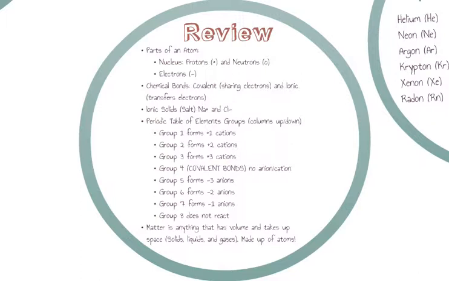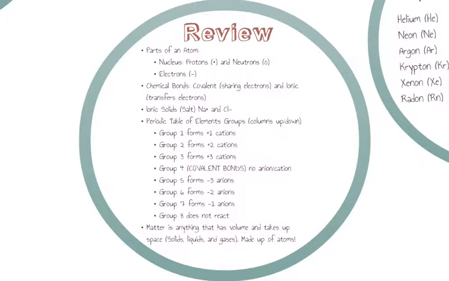Then we discussed the periodic table of elements. And the groups, remember, are the columns, which are up and down. And the group number can tell you the number of electrons in the valence shell. Group 1 elements form a +1 cation. Group 2 forms a +2 cation.